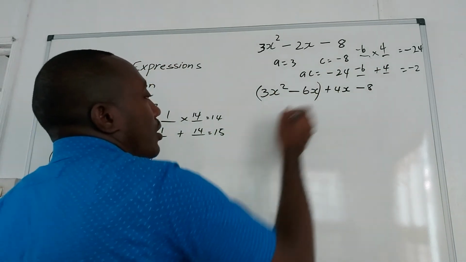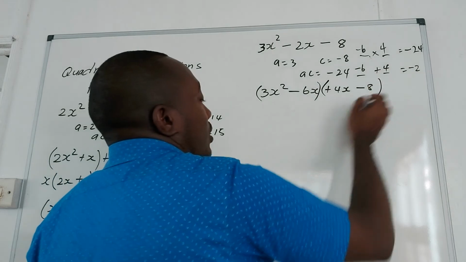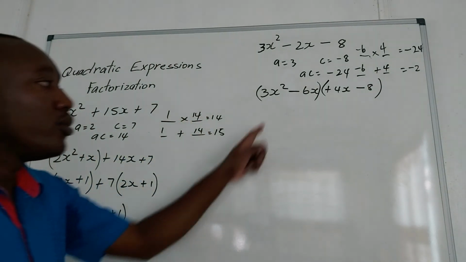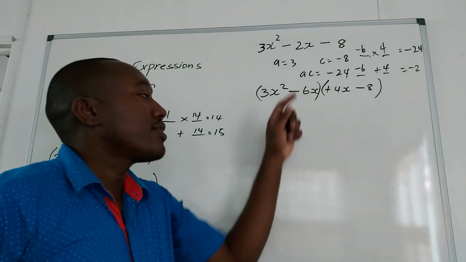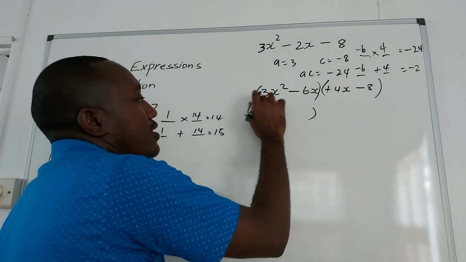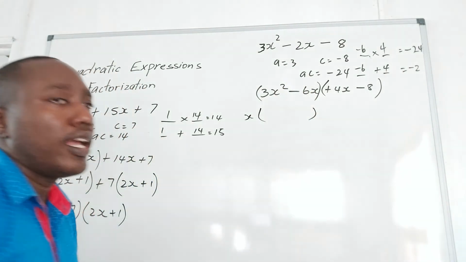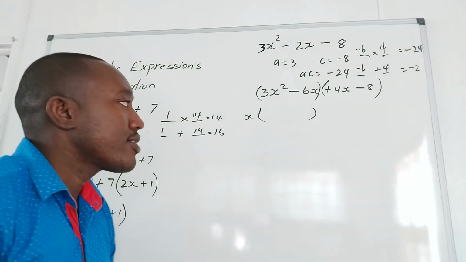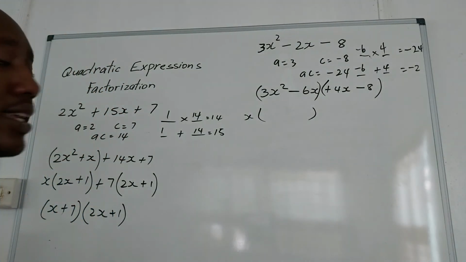We group. Now here, what is our common factor? Here we see the x's are common, so yes, we have x. But let's look at the numbers. We have 3 and we have 6. What is the highest common factor of 3 and 6?